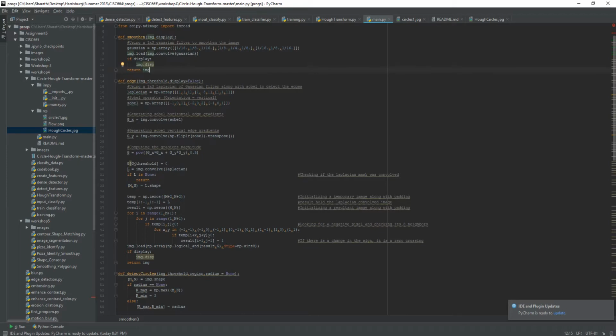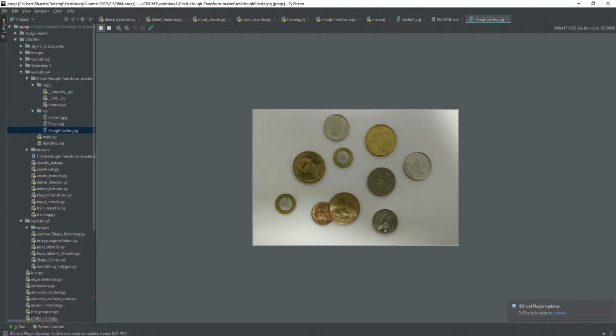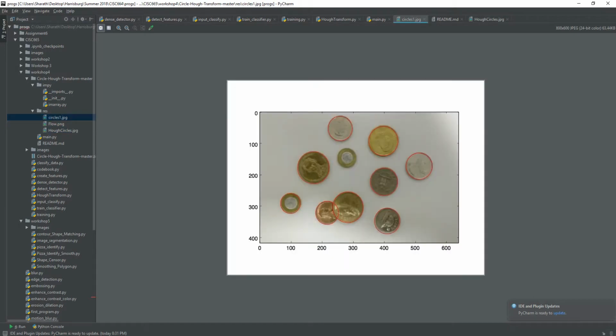As part of this, I didn't give an image of the eye. I took one image, and this is the image. It's just an image with a lot of coins in it. Once I pass this image into the Hough transformation, this is the output I got.